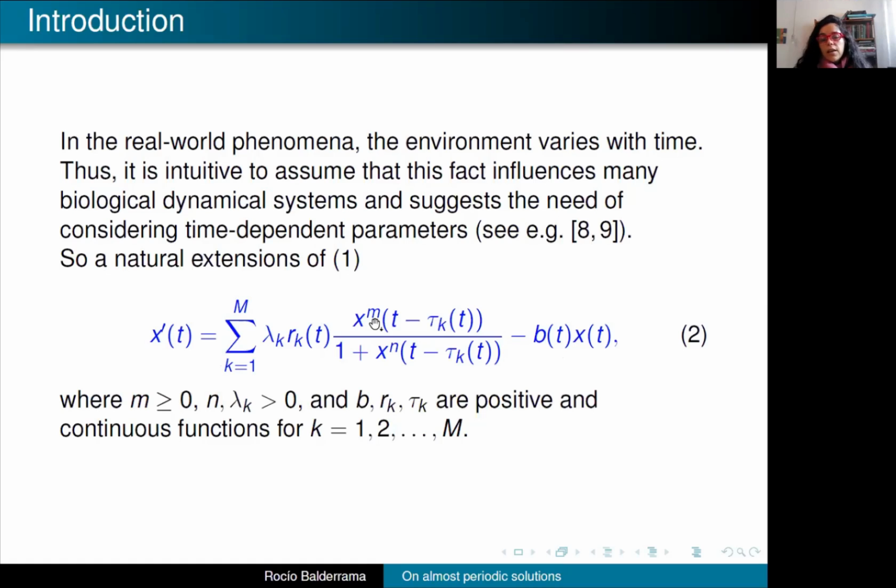In this case, m and n are always the same, independent of k of the compartment, so the nonlinearity is always the same in each part of this summation. Here we consider m positive, all these constants are positive, and the functions are positive and continuous.